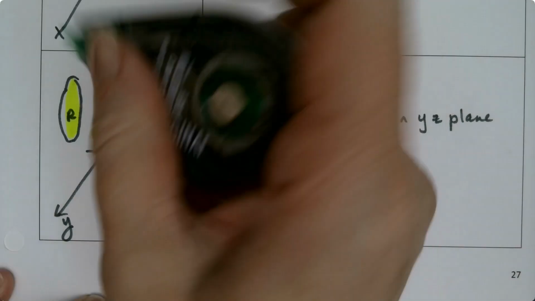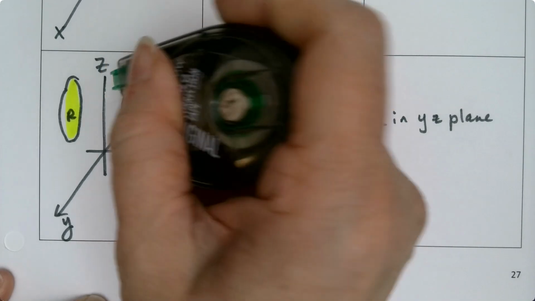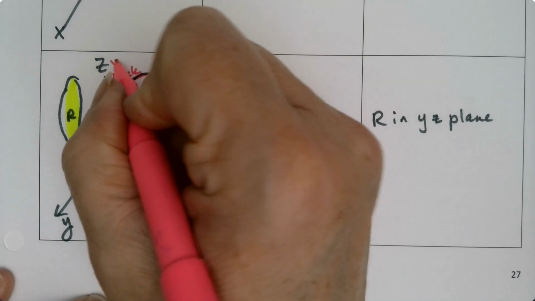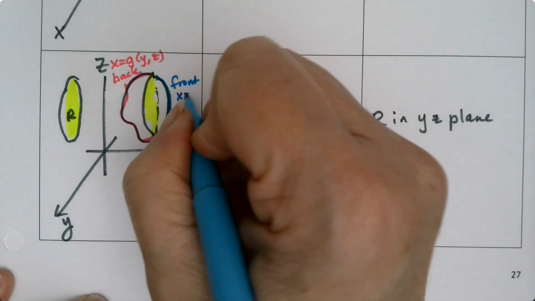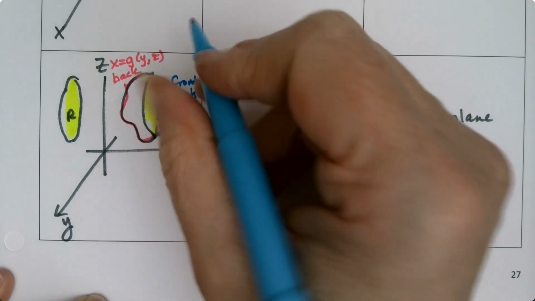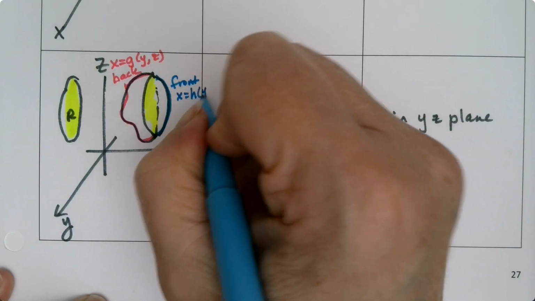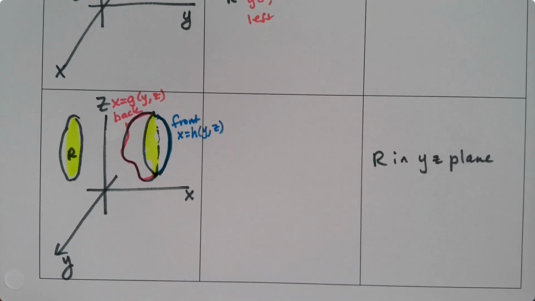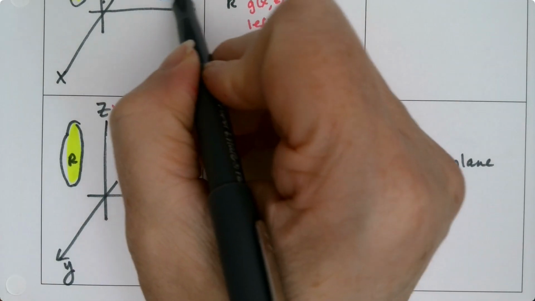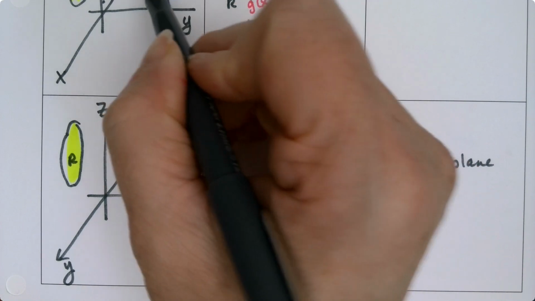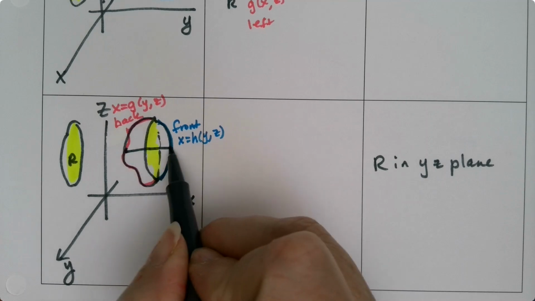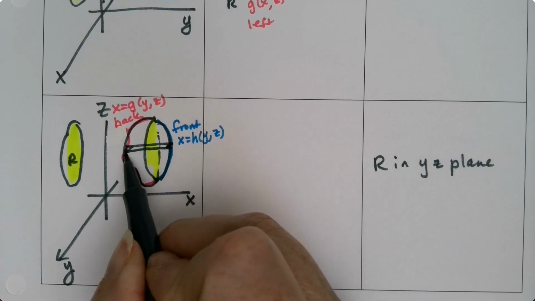I'm trying to cram this in too small. So this is X equals G of YZ, and this will be X equals H of YZ. So we're trying to stack the pillars in this way for both of these, right? Pillars go in, it's like that.